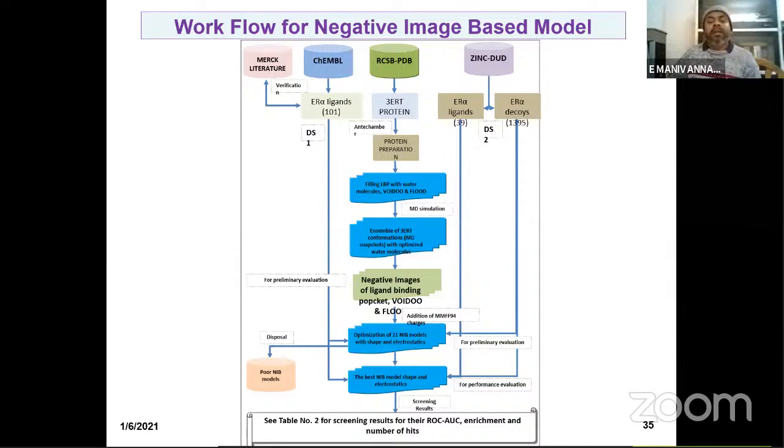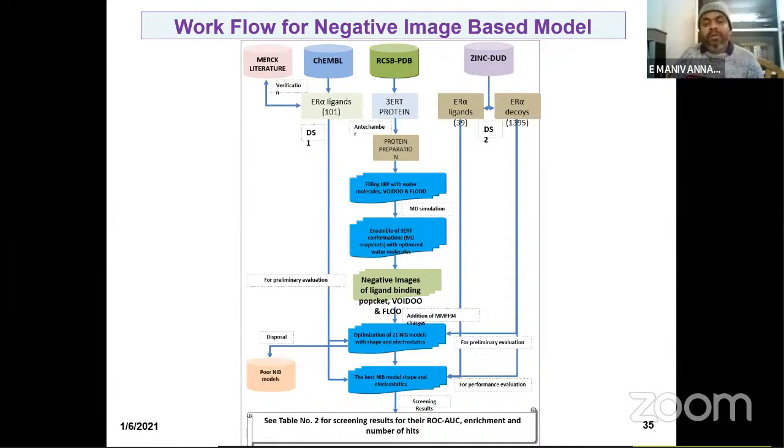And then at last we have 21 models, and all these 21 models were used for optimization with the dataset 1 ligands and dataset 2 ligands.